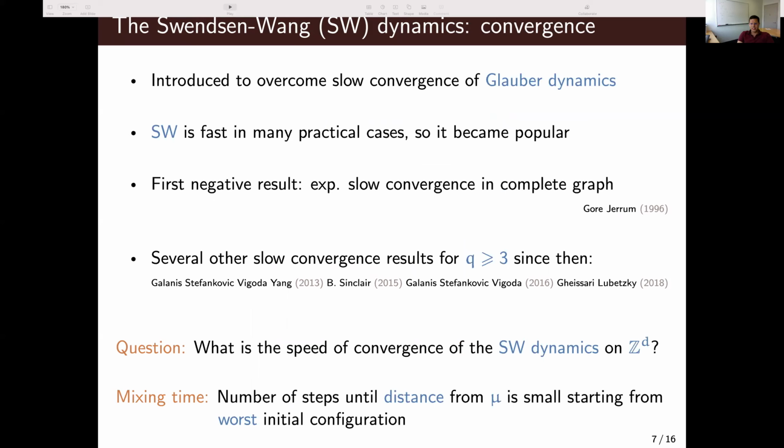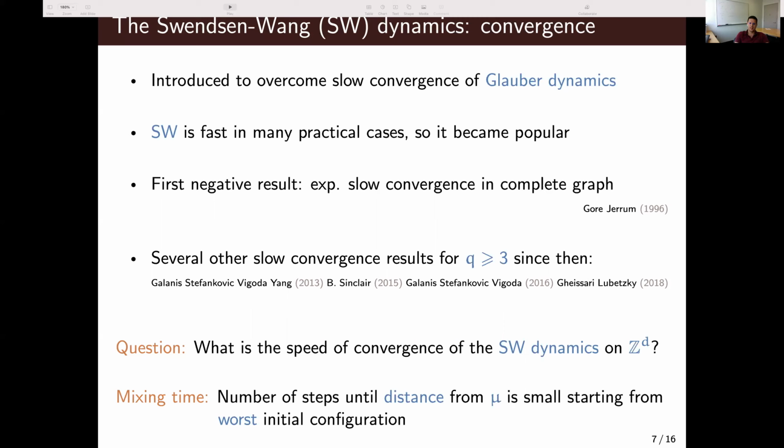Here are some additional insights about the Swendsen-Wang dynamics. It was introduced, as I just mentioned, to overcome the slow convergence of the Glauber dynamics. It was noticed immediately that it was quite fast in several cases, and it became quite popular. People started using this Markov chain to sample. But in the mid-90s, we got the first of various results saying that this Markov chain was actually slow for some cases.